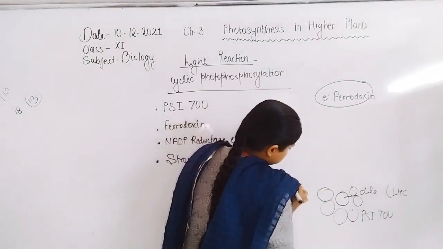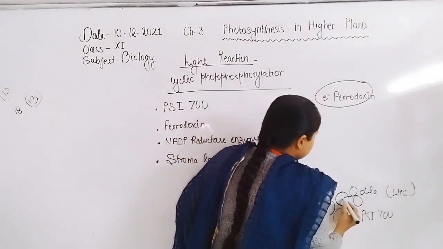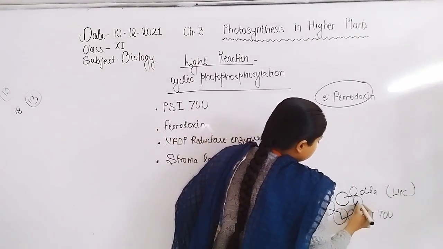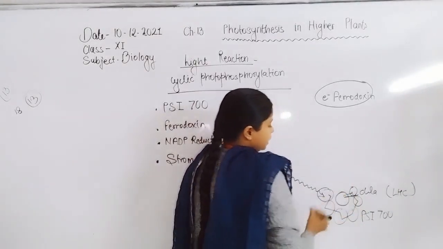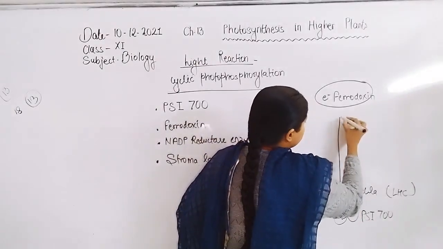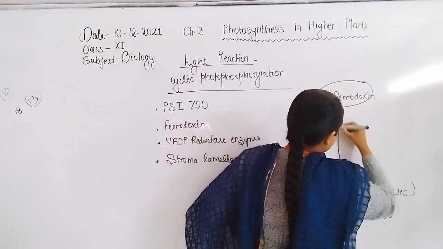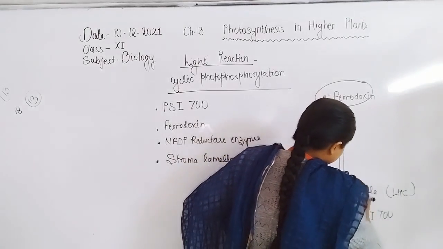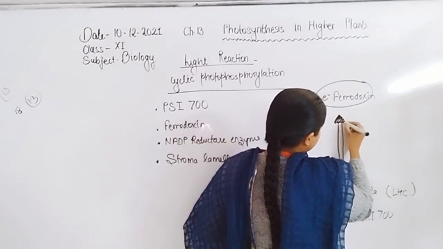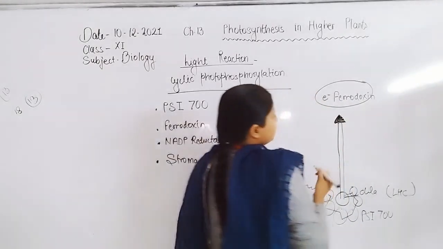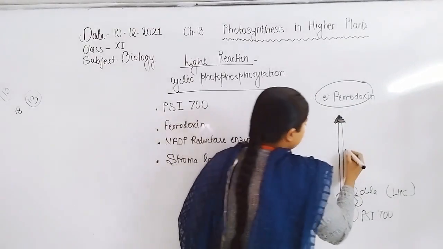When light strikes the light harvesting complex, the energy passes through the different accessory pigments and finally transfers to chlorophyll A, through which the electron gets excited and passes to the electron acceptor ferredoxin in an uphill manner.